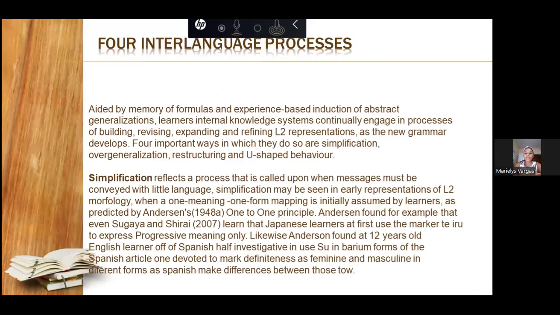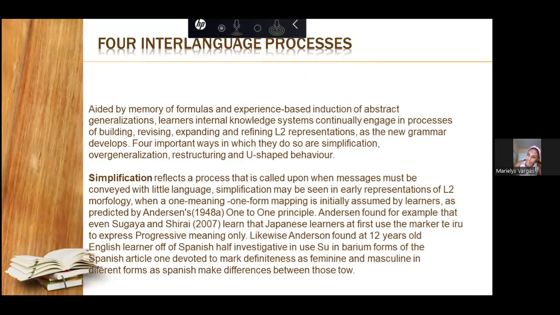There are four interlanguage processes that expand L2 grammar development: simplification, overgeneralization, restructuring, and U-shaped behavior.